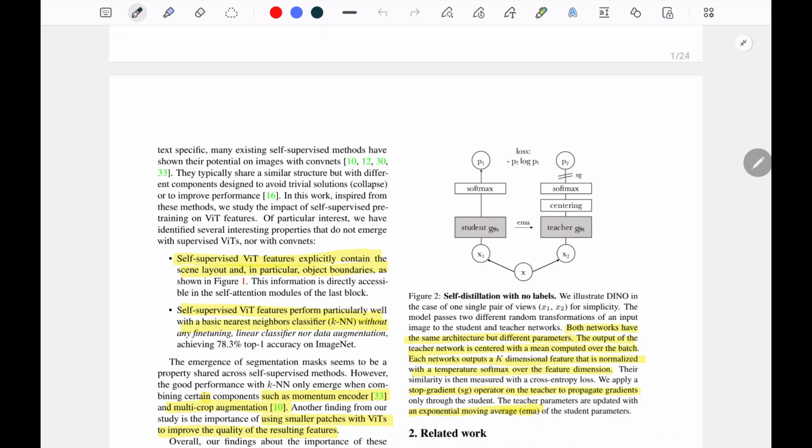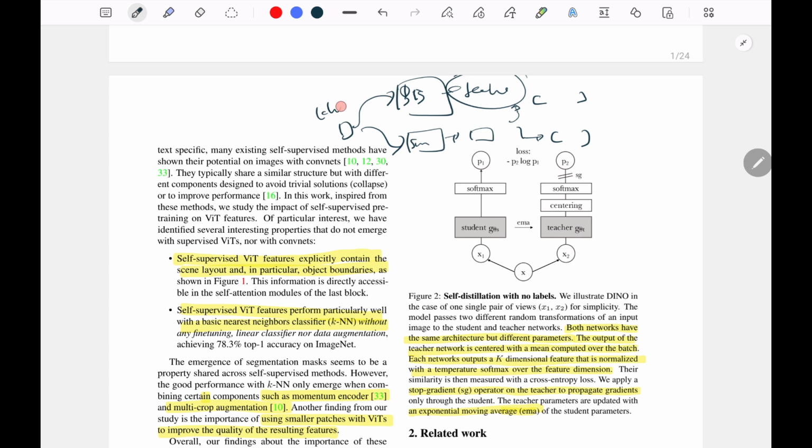Maybe I can give a quick detour on how distillation works. In Hinton's original distillation paper, they have a big trained network, which we call the teacher, and we want a smaller network, which is called the student. We give an image to both networks and train the student on the output of the teacher as well as on the label, combining the two losses with some lambda between them. That's how it worked.